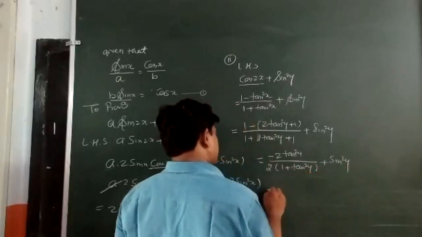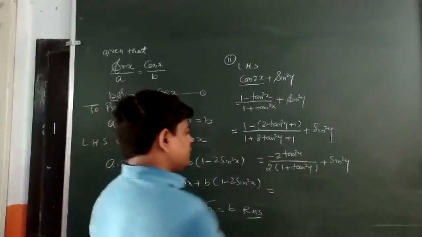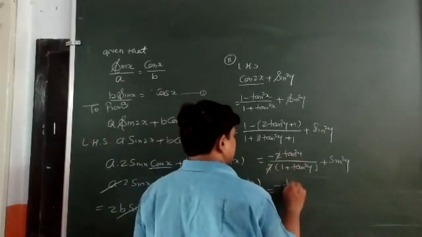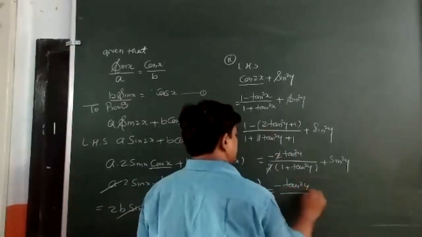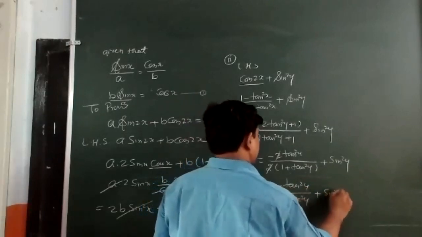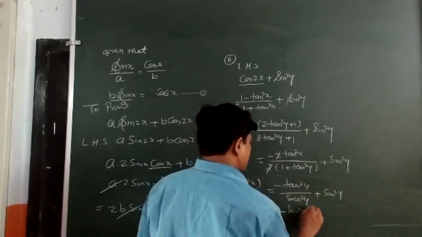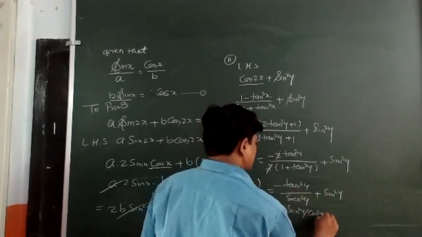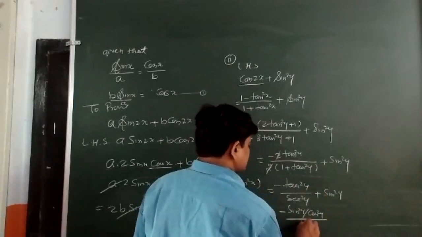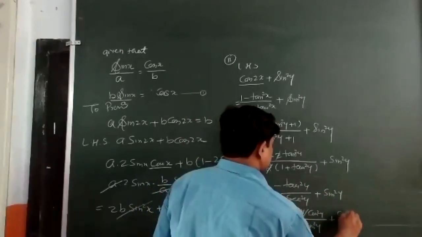1 plus tan square y can be written as sec square y. Am I correct or not? And 2 can be cancelled. So I am having now minus tan square y upon sec square y plus sin square y. Now it is minus sin square y upon cos square y, whole upon sec square y, 1 upon cos square y, and plus sin square y.